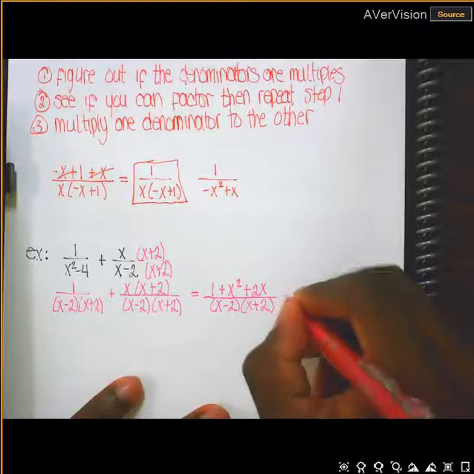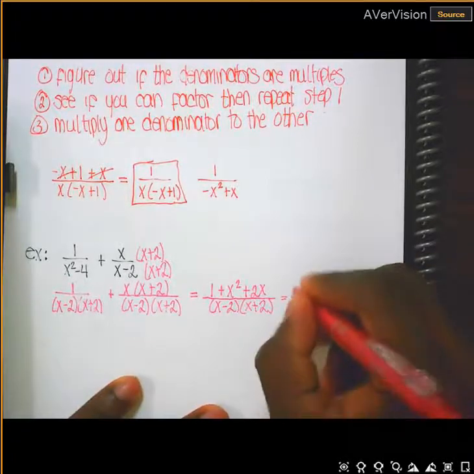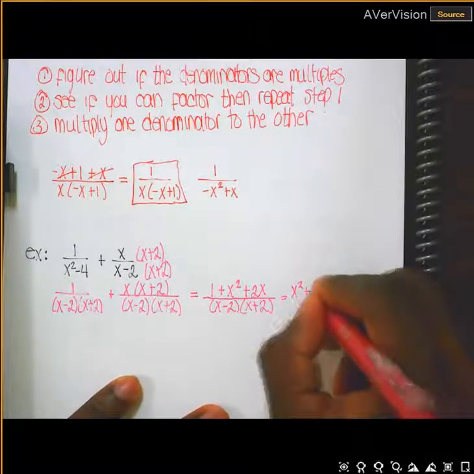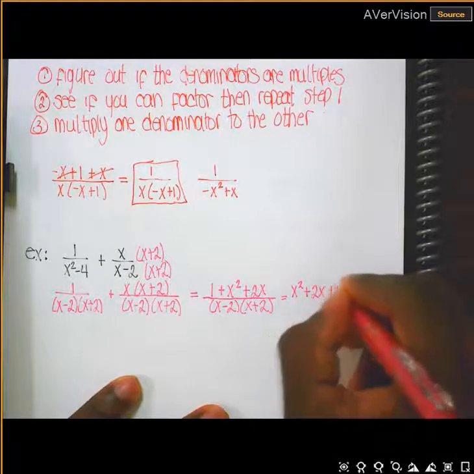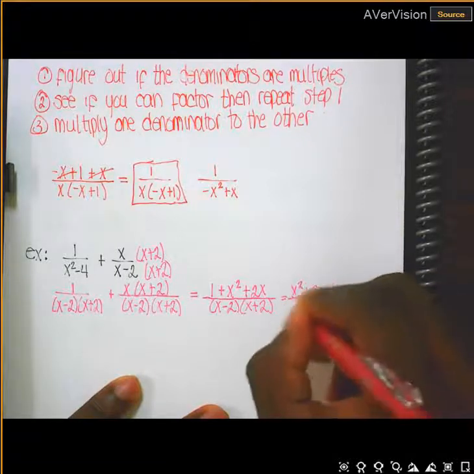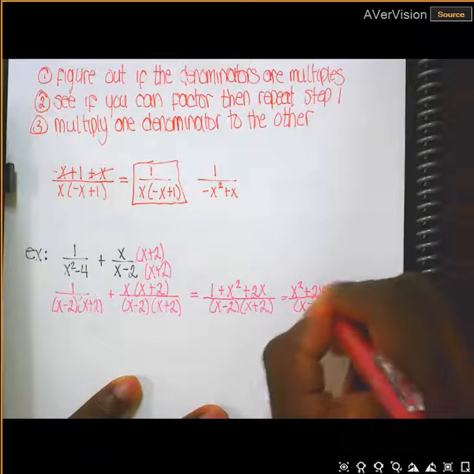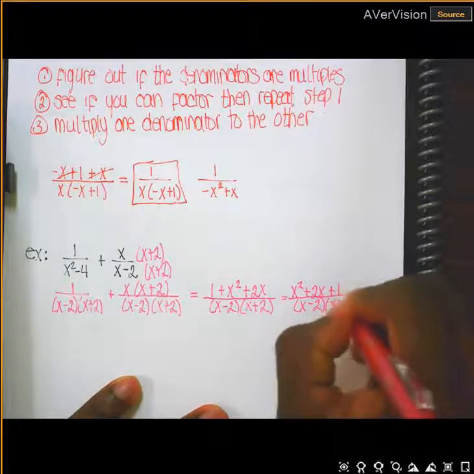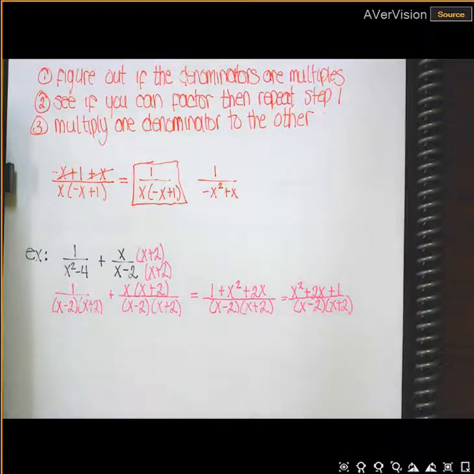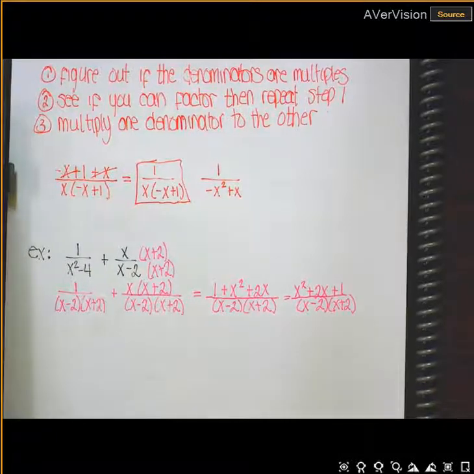Can we factor the numerator to get what?